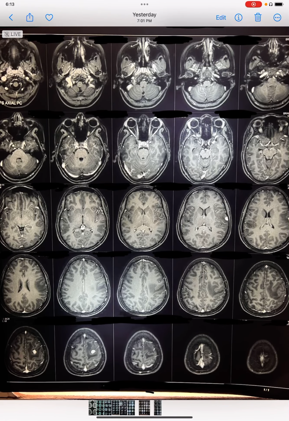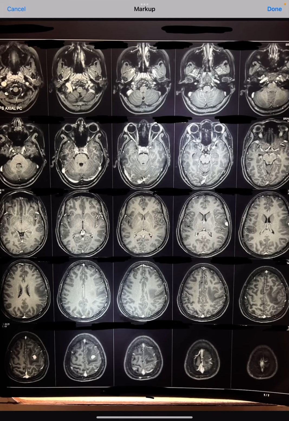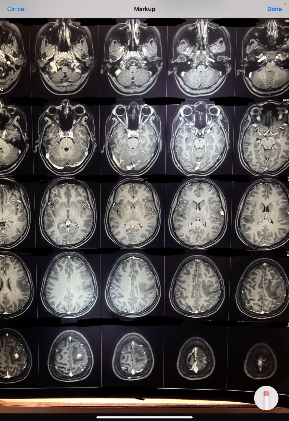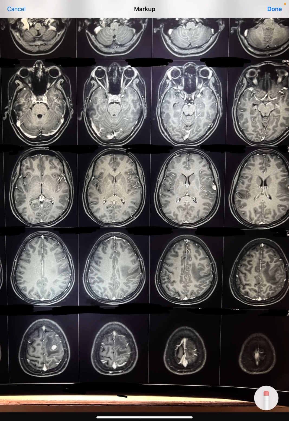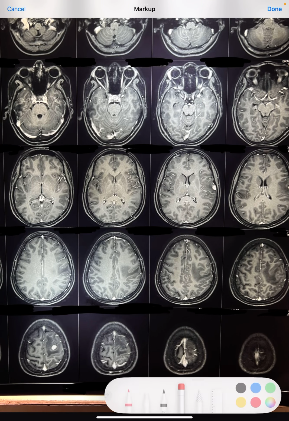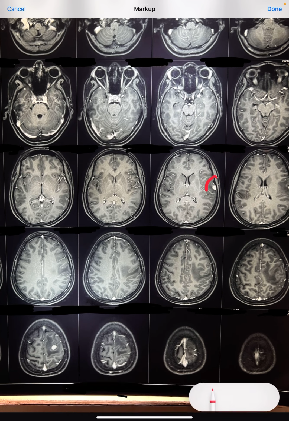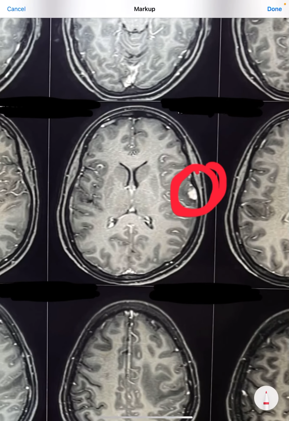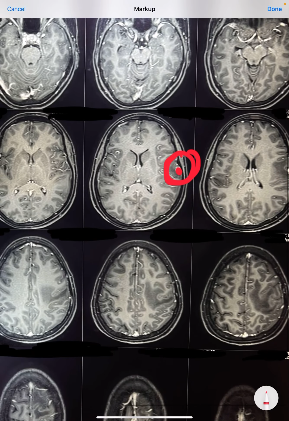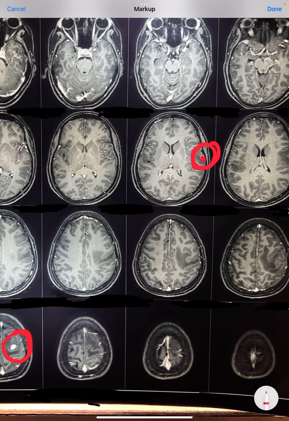So this was the plain T1 MRI, and when we did the contrast enhanced MRI of the same patient, what we found was there were two ring enhancing lesions. You can see very crystal clear here and here. This one is a ring structure which completely got enhanced, which we could not see on plain T1 MRI.